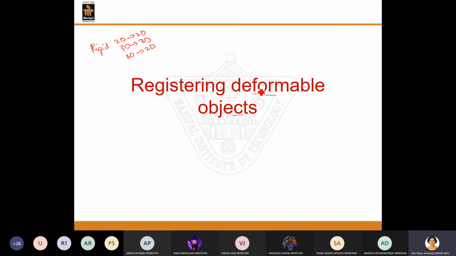That is, when you're trying to image the same object, after some time the object has changed its shape. Such objects can be called deformable objects, and registering such objects would need different techniques from the rigid case, because the basic assumption of rigid registration does not hold here. Such registration approaches which deal with deformable objects are called deformable registration.